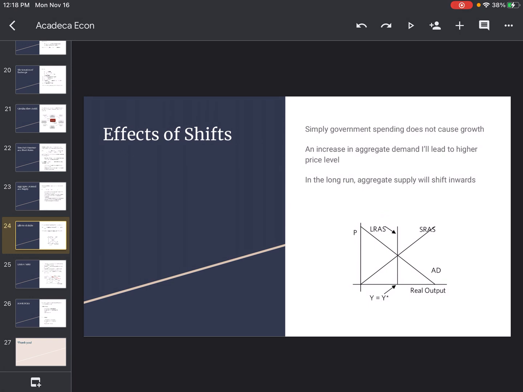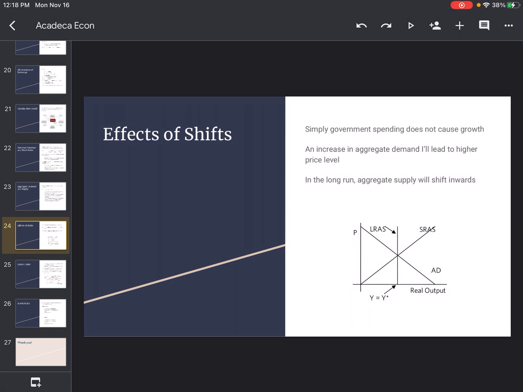So this is a good depiction of a shift, or just an example of a long-run aggregate supply and short-run aggregate supply graph. Government spending does not cause growth, really, at all, because an increase in government funding doesn't necessarily increase the amount of people buying a particular good or the growth that is temporarily increasing that demand.